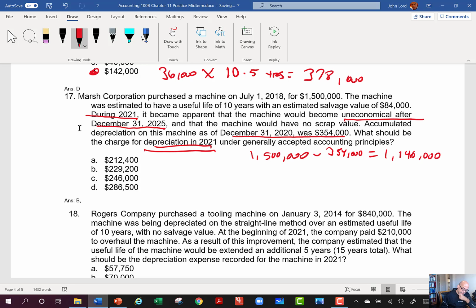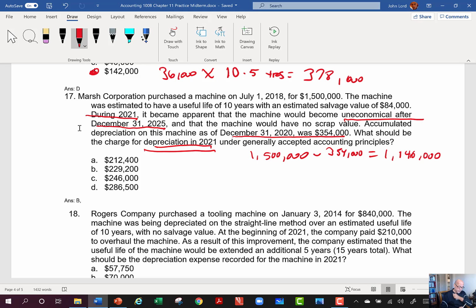Now, what happens? They tell me that at the beginning or sometime during 2021, they decided that the asset would be uneconomical after December 31st, 2025. So that means I'm going to be able to use the asset during 2021, 22, 23, 24, 25.